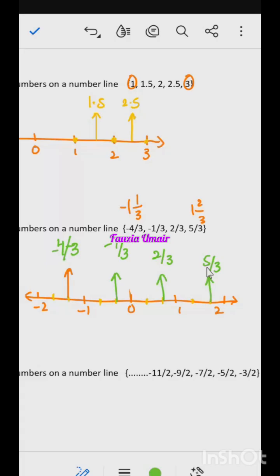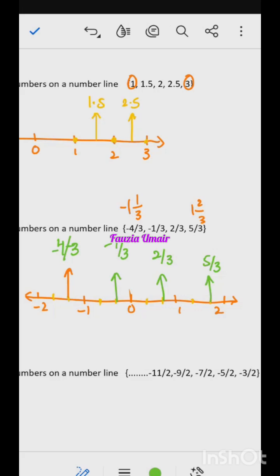So in this topic, you need to be careful of the number line you are making. Without looking at the numbers, you should not be drawing the number line. The number line should be plotted for only those numbers which you need for the question. Mostly students, without looking at the questions, will just draw a number line from minus 10 to 10.